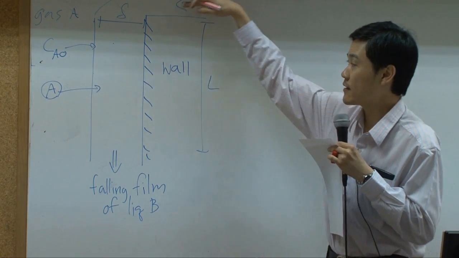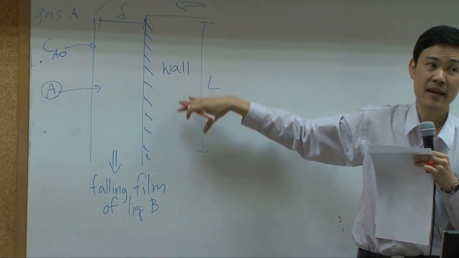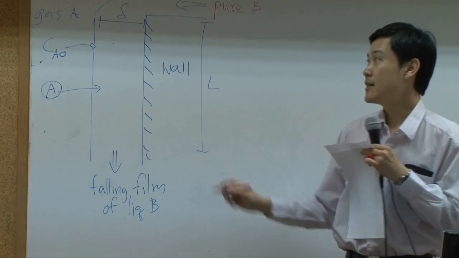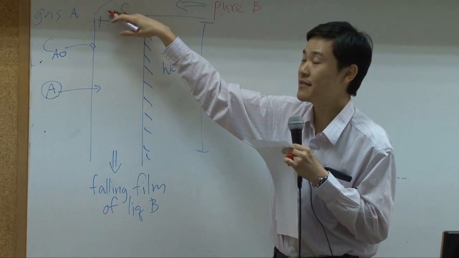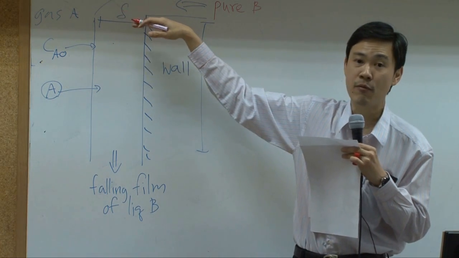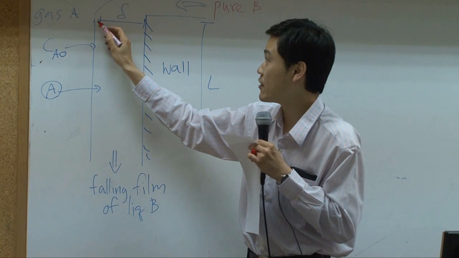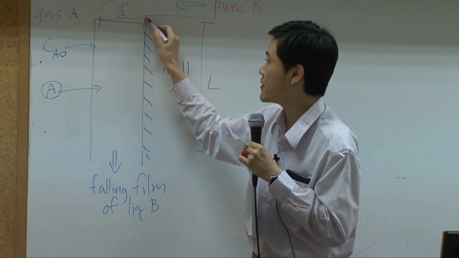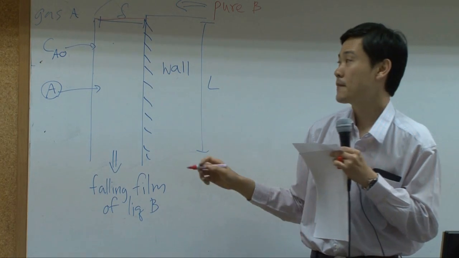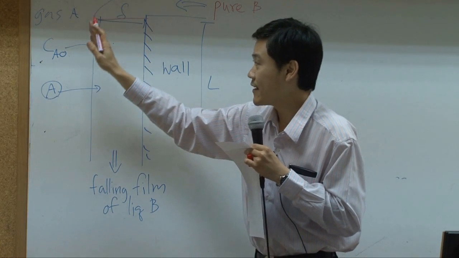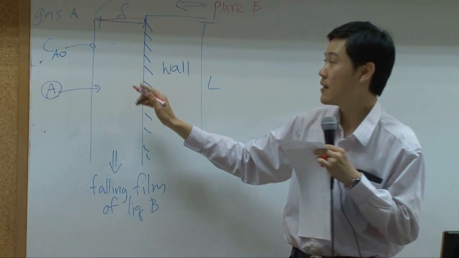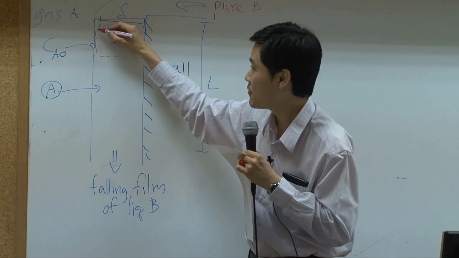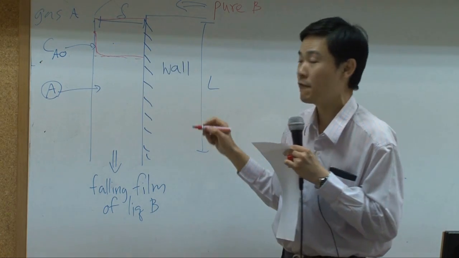If the liquid that is coated or supplied over this packing material is pure B, that means up here, B has not been exposed to A yet. So concentration of A at the top part of the wall will be constant, equal to 0. But once gas A is exposed to liquid B, concentration up here is supposed to jump up to CA0 and then decrease down very, very fast.